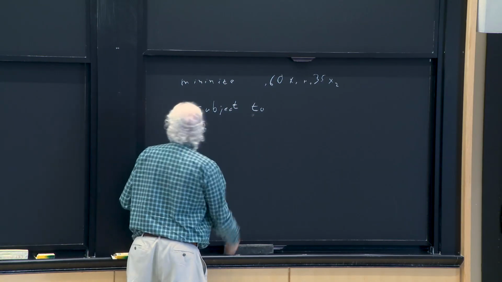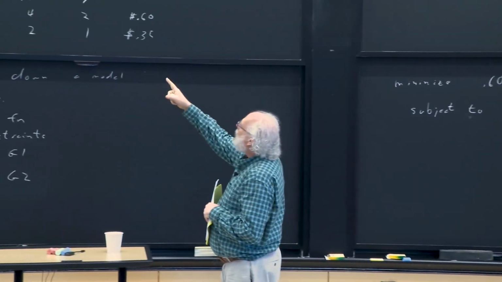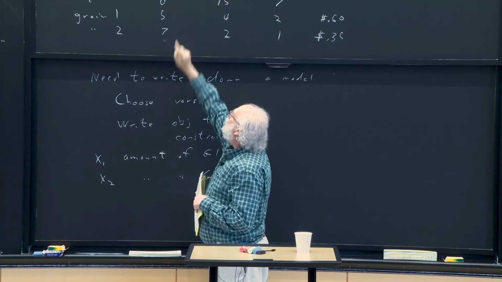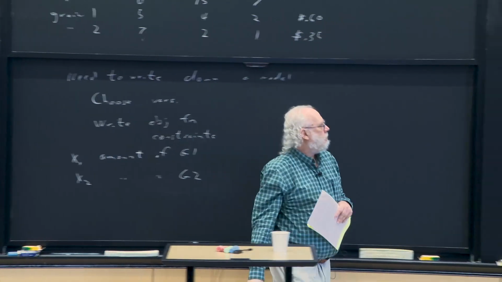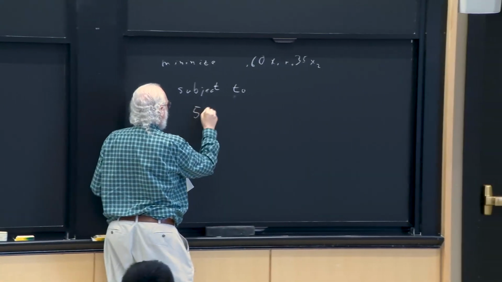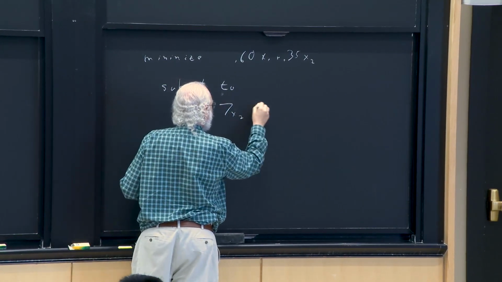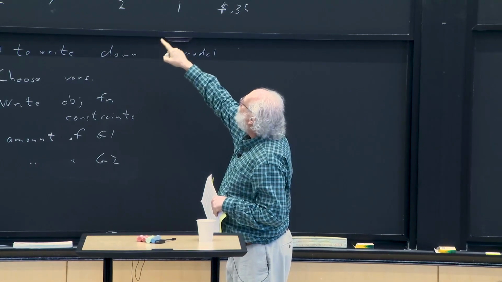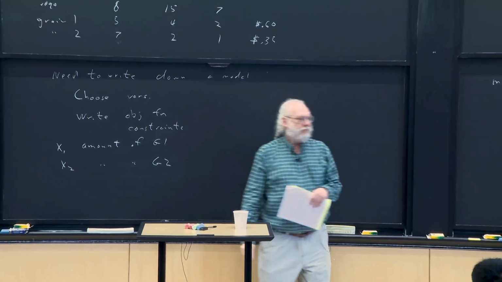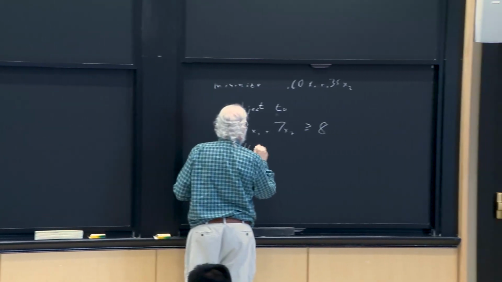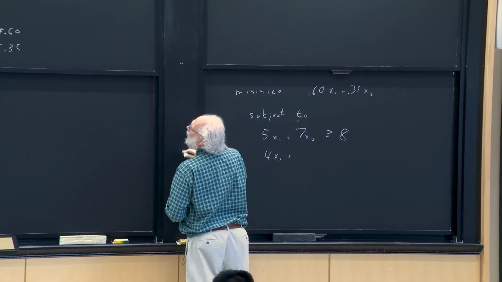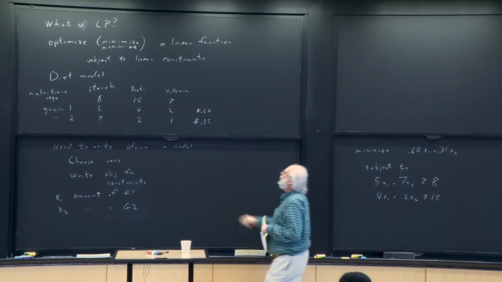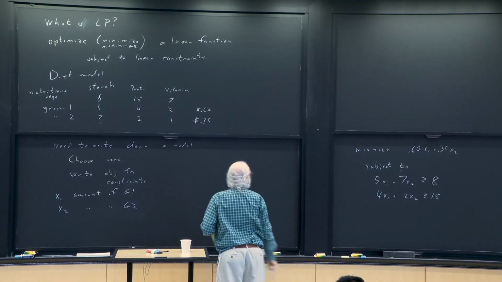So subject to, we need 5 times grain 1 plus 7 times grain 2 to be at least 8. So 5x1 plus 7x2 is greater than or equal to 8. And 4x1 plus 2x2 is greater than or equal to 15. And finally, 2x1 plus x2 is greater than or equal to 7.